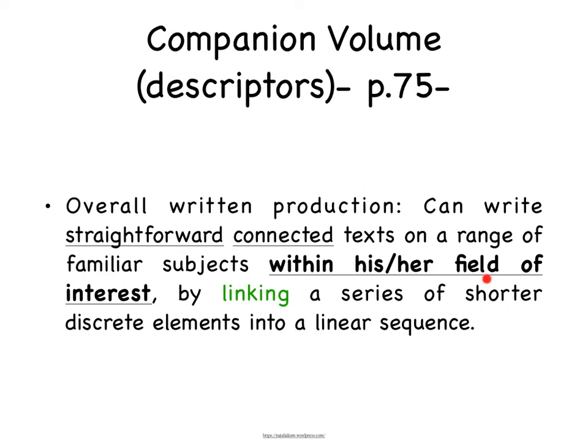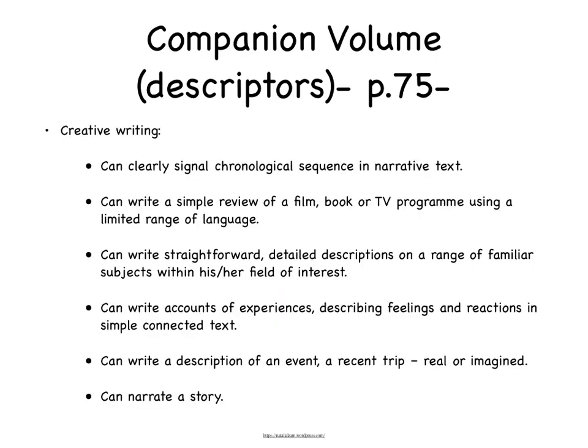Within their field of interest, again, by linking a series of shorter, discrete elements into a linear sequence. And probably, as you know, many times they write sentences rather than paragraphs. That's one of the problems many times.